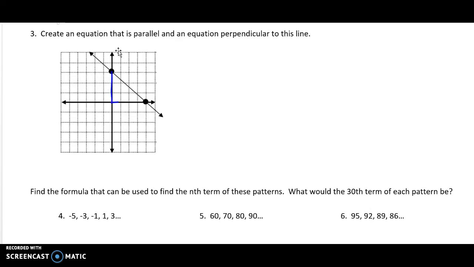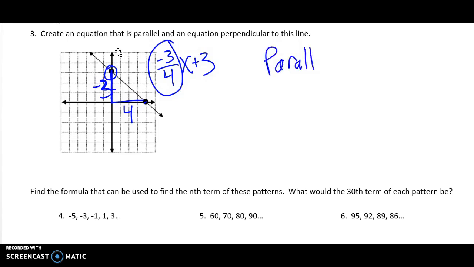Okay, so this line, I need to know the equation to this line. I know my slope, rise over run, is down 3 over 4. So -3/4 is my slope. Plus 3 is my y-intercept. All I care about is the slope, though. Parallel, same slope. y equals anything with a -3/4 x slope, plus 10.